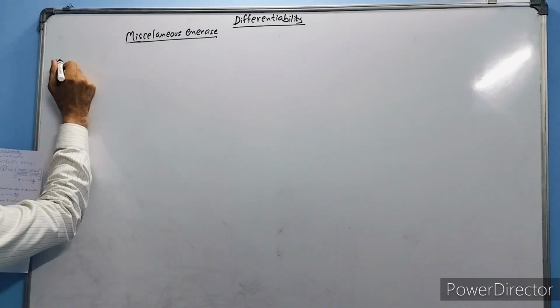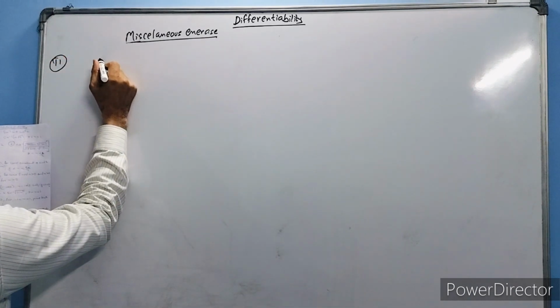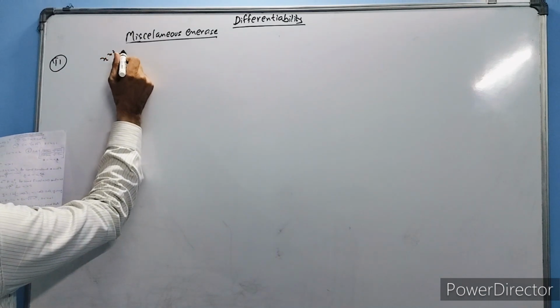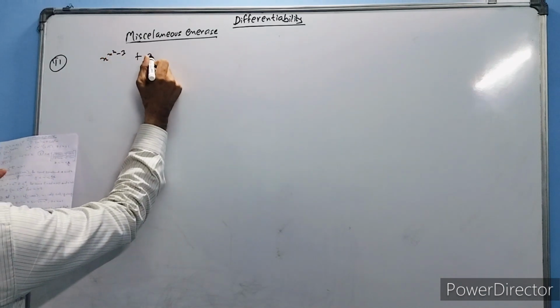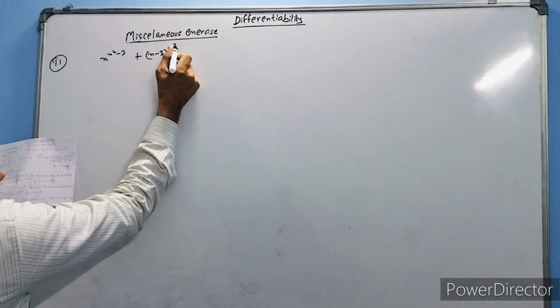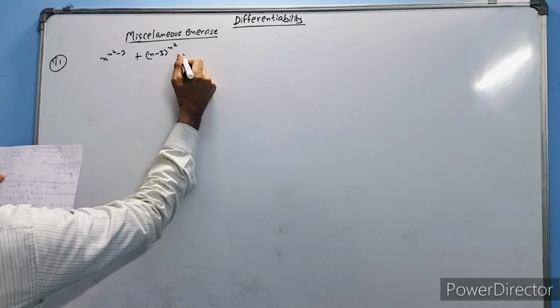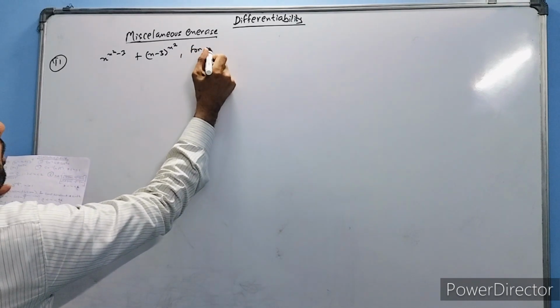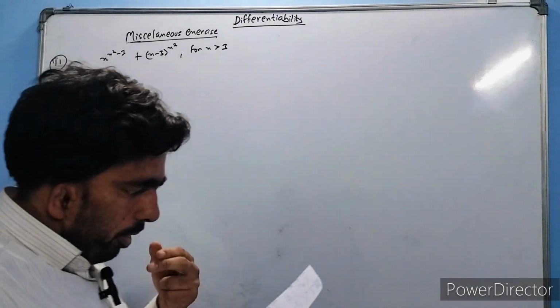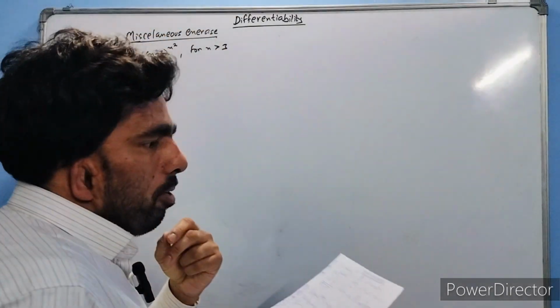The 11th question is x square minus 3 to the power x square, plus x minus 3 to the power x square. Okay, they have given for x is greater than 3. Okay, so they have given such kind of question.